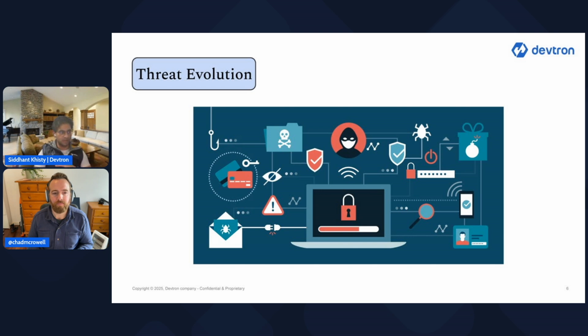So your resources are getting starved. The actual application might not get enough resources for running your business critical application, and in the overall picture, that will have a big impact on your business applications as well. So Chad, could you walk us through how threats have evolved from the old days where everything was monoliths, and what are the threats which we need to keep an eye out for today in a distributed architecture such as in Kubernetes?